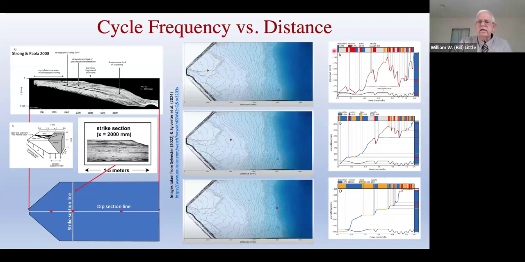And you can see that up here. If you look in the upper left-hand corner, in this case we have about 15% of the stratigraphic record that is preserved in the fluvial part of the section.